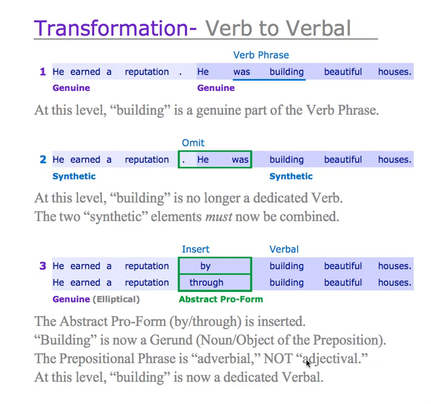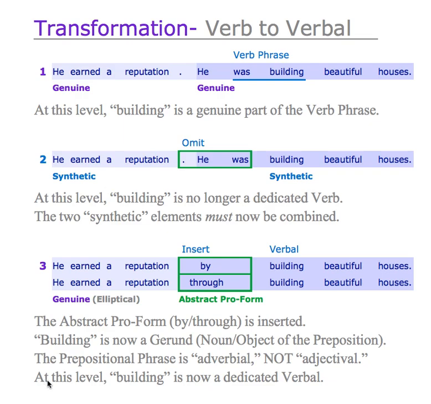It's not adjectival. In other words, you say he earned a reputation. Well, an adverb answers the question, how or in what manner? Well, this is how, by building beautiful houses. He earned a reputation. In what manner? Well, through building beautiful houses.